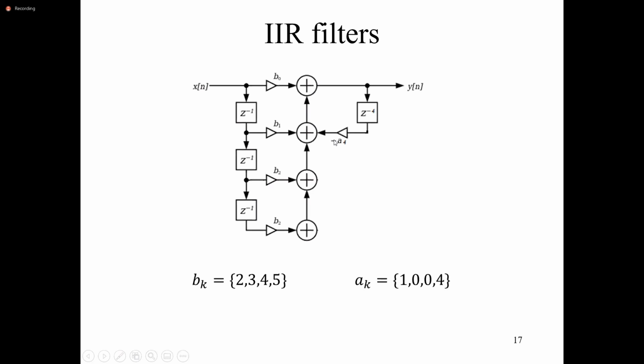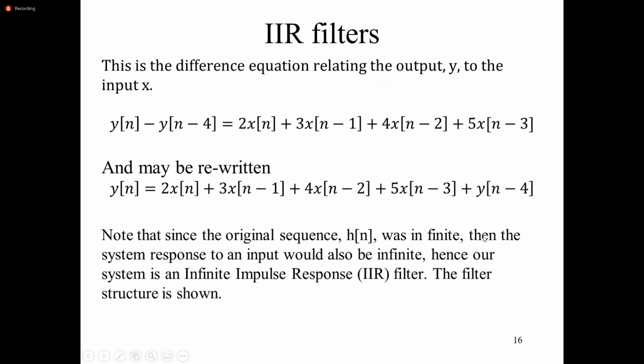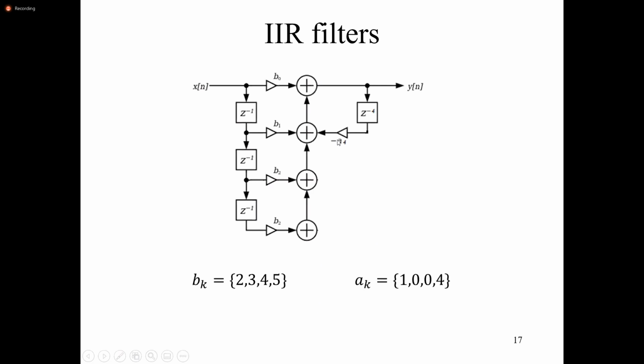In this case, the minus might not be correct because we have plus y of n minus 4. So in fact, this would just be 1, or it could be a straight piece of wire. So this 4 is not correct. We'll correct that, but note that this 4 here should just be 1.